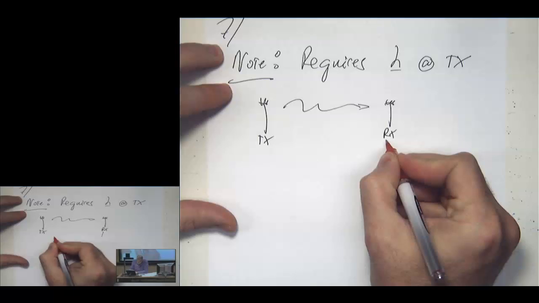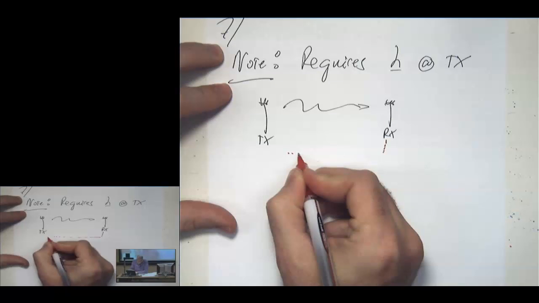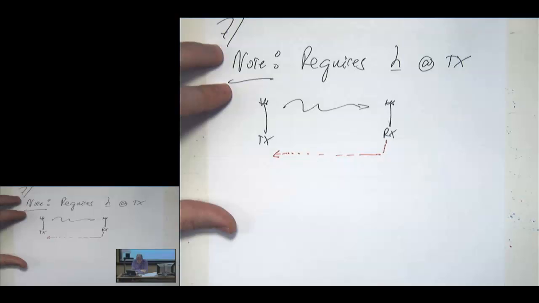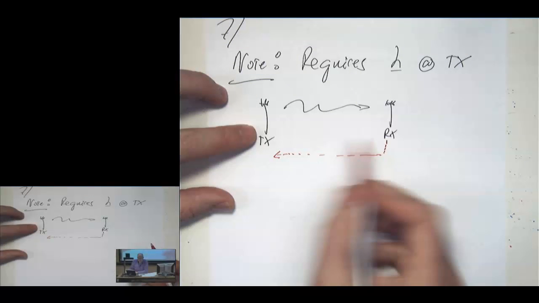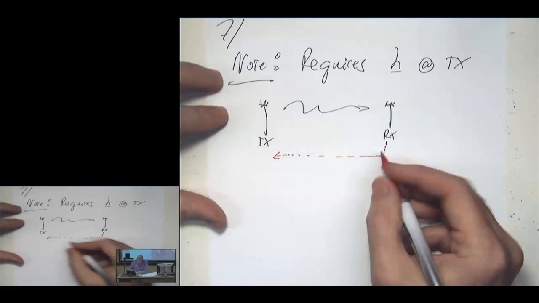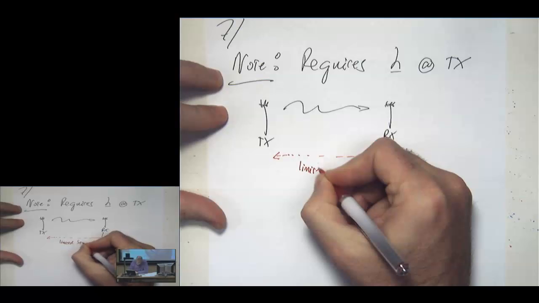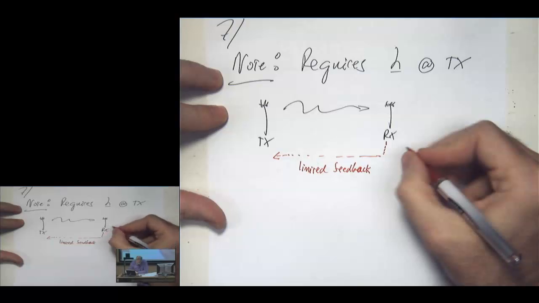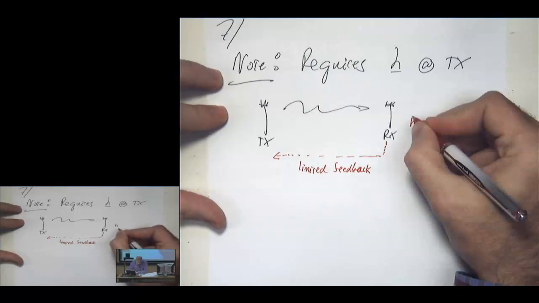And so I can use the fact that each of these is actually a transceiver, and this is two-way communication. So the transmitter and receivers are taking turns. And so I can use what's called a limited feedback channel to convey information about the channel estimated here back to the transmitter.